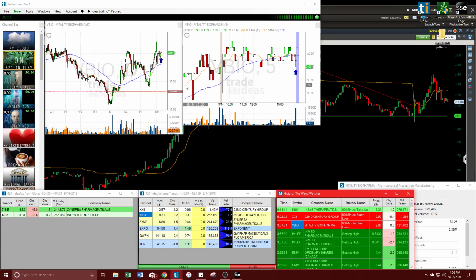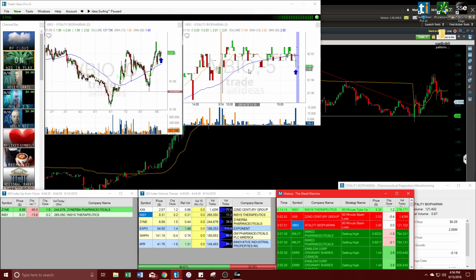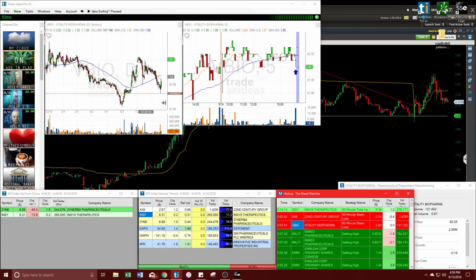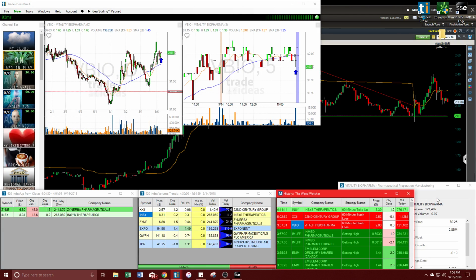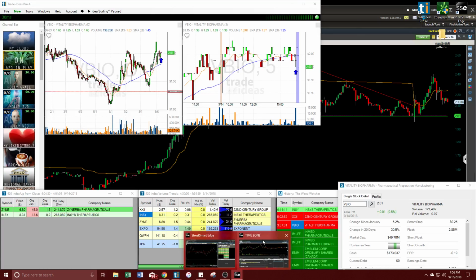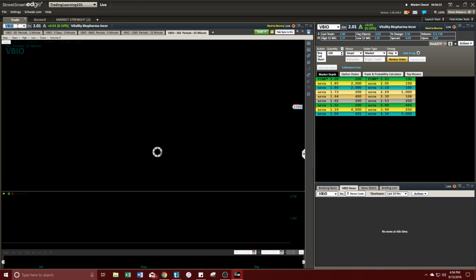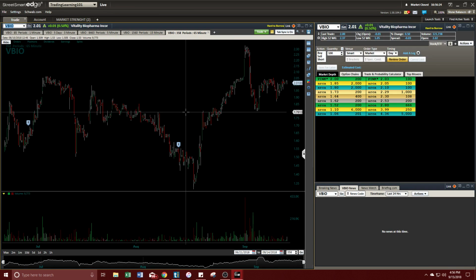VBIO, let's see what that's got. Doesn't look like it has any volume. VBIO float is, it's got a low float at 2.8 million. Right here. Let's see.